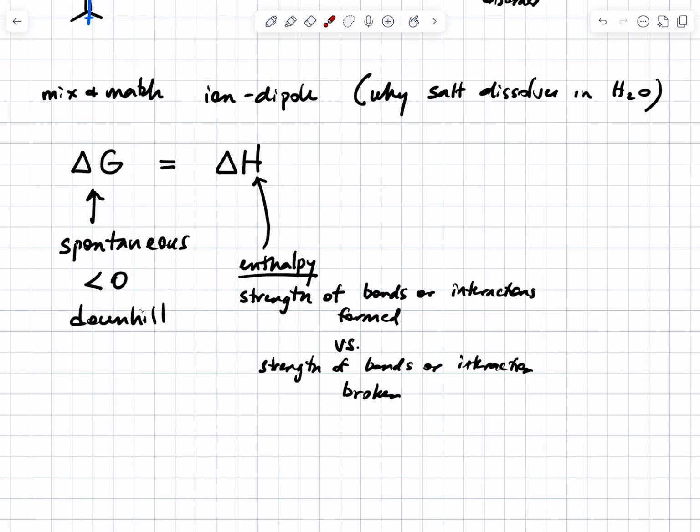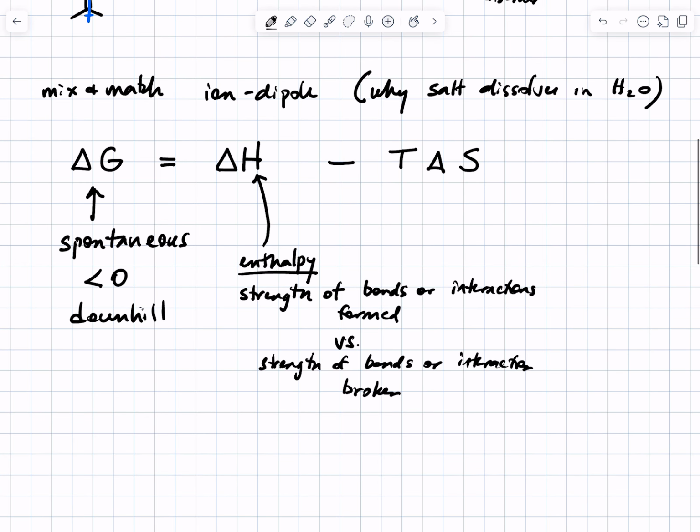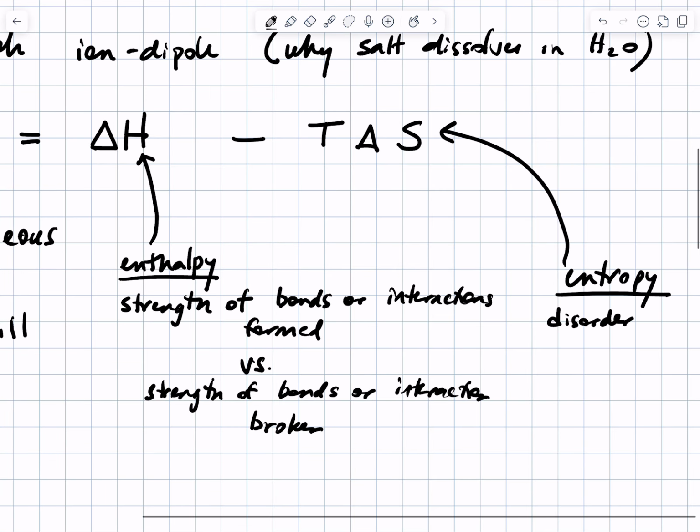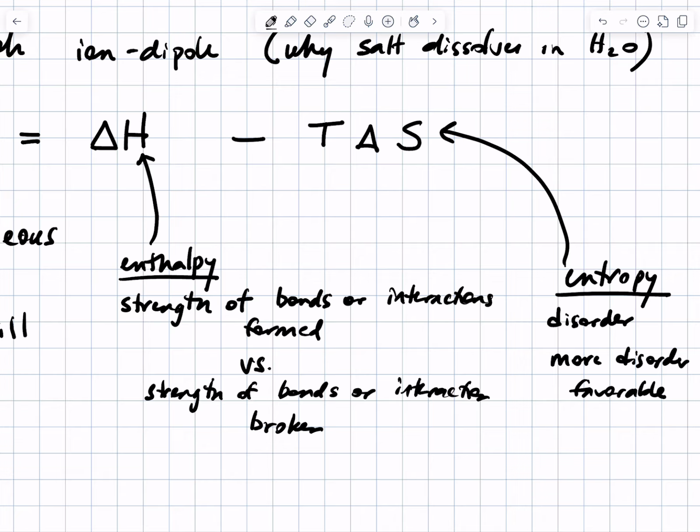The second major contributor to whether a process is spontaneous or downhill is this concept of entropy, which you can think of as disorder, where if you look at the negative sign in front of it, you conclude that more disorder is favorable for spontaneous downhill processes.